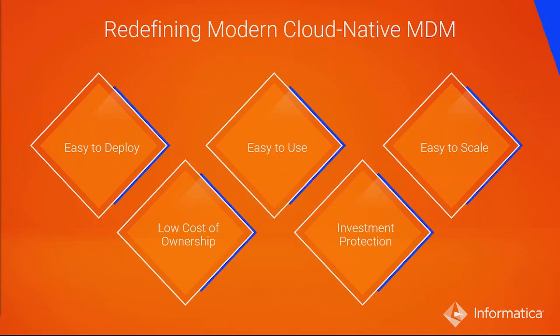With this, you gain solid returns on investment through lower cost of ownership and quicker time to value compared to other solutions available in the market. We are also protecting your investment by focusing on continuous innovation with monthly releases, versioned metadata for safe upgrades, and rigorous automated testing.